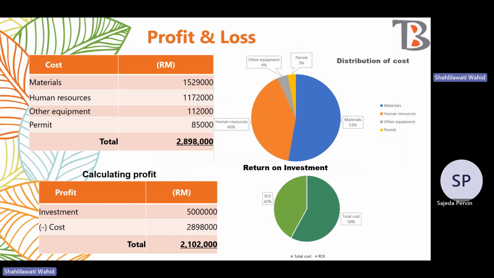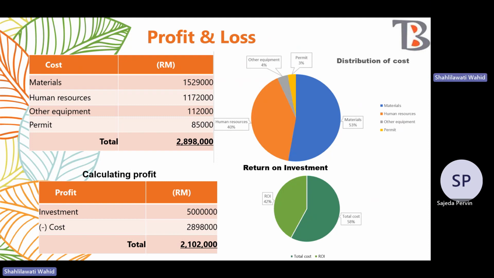This slide is about the profit and loss. If we add up the 4 parts of cost, the total initial cost is 2,898,000 ringgit. The major cost is from the material, which occupies 53% of the total cost.